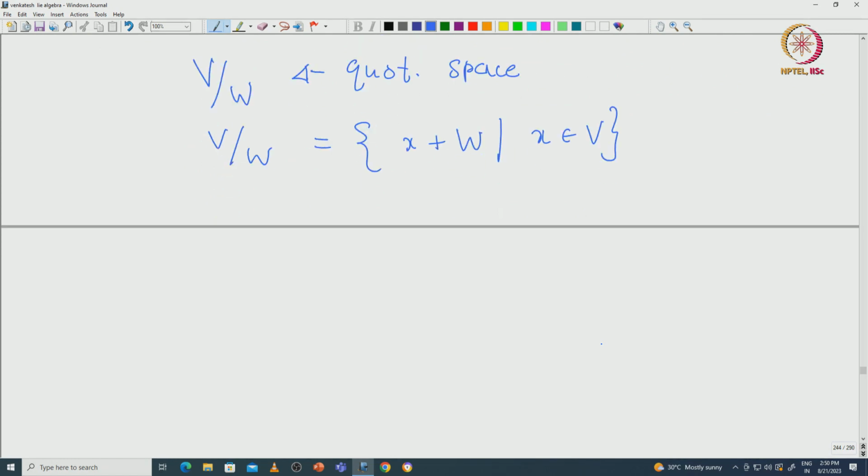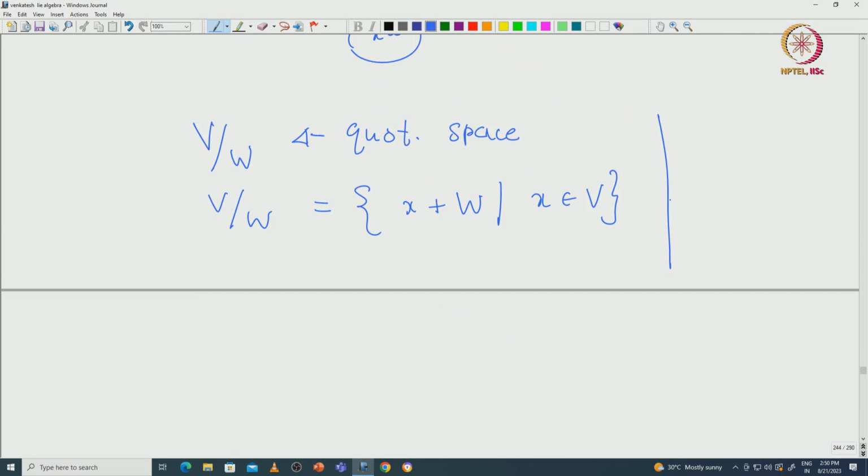Let me recall how you get this quotient space.